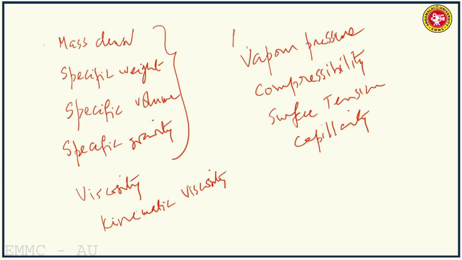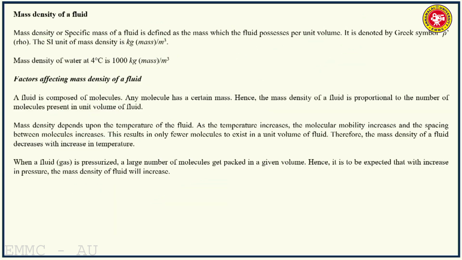These are the various properties which are of interest, which we will be discussing. And today in module 2 we will be covering the first four, that is mass density, specific weight, specific volume, and then specific gravity.